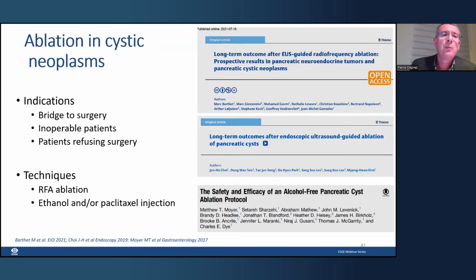And you see the papers from Marc Barthet's group, with a recent paper showing a long-term outcome, and I will only focus on the cystic lesions. The papers from Korea and a paper that was published in Gastroenterology, one of the only randomized controlled trials that's available.